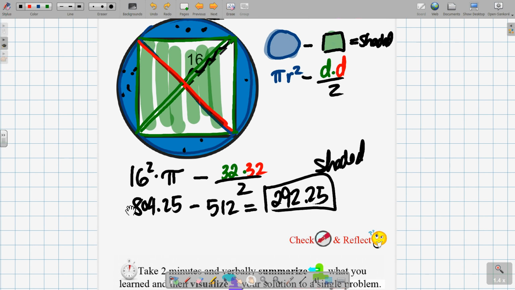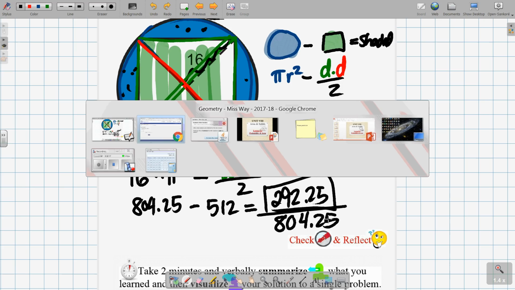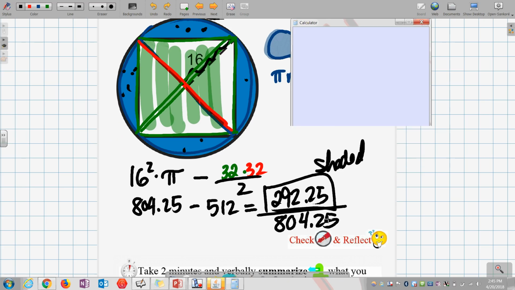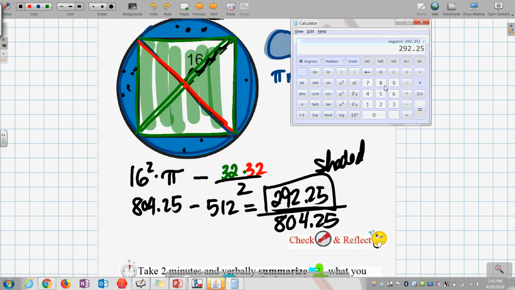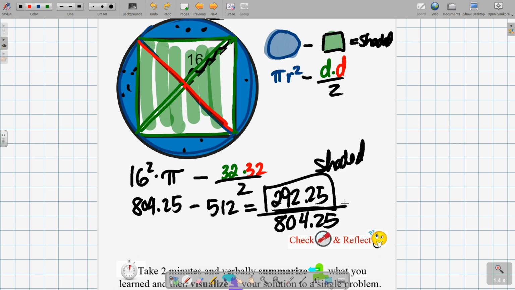So you're going to take that shaded region and divide by the whole, which is 804.25. That gets you the percent probability that your point will be in there. It's essentially 36%.